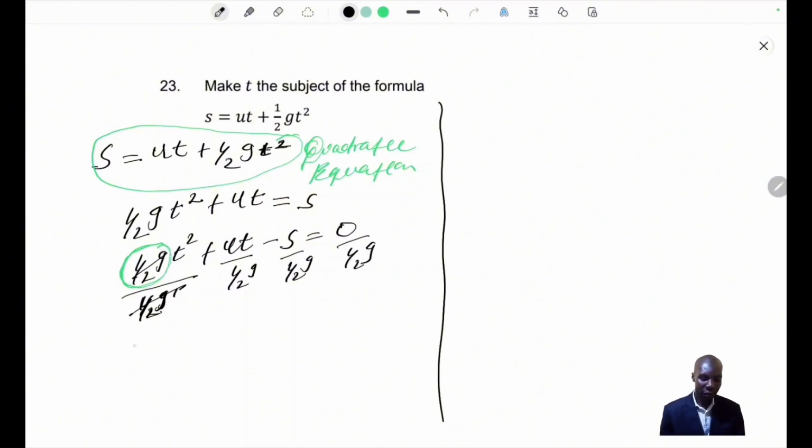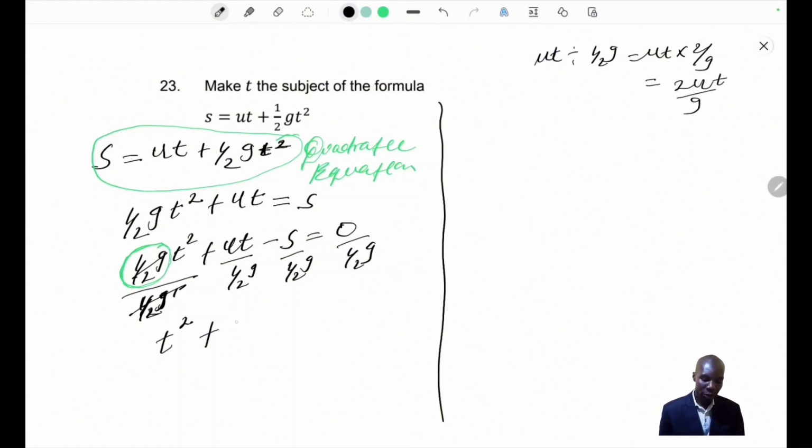So this one will cancel out. So we'll have t squared plus ut divided by a half g, which is the same as ut times 2 over g, which is equal to 2ut over g.